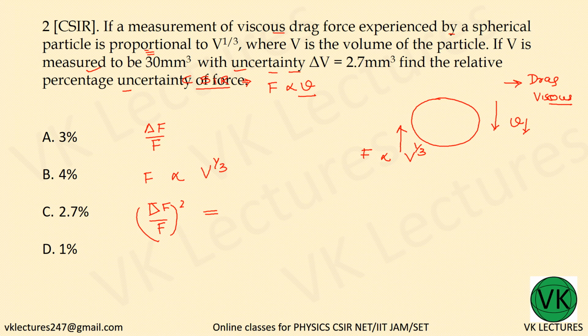So delta F by F, if you want, write whole square also, will be equal to 1 by 3 times delta V by V whole square. Please remember it includes 1 by 3. So that's equal to 1 by 9 delta V by V whole square.